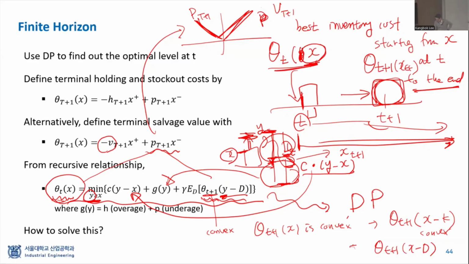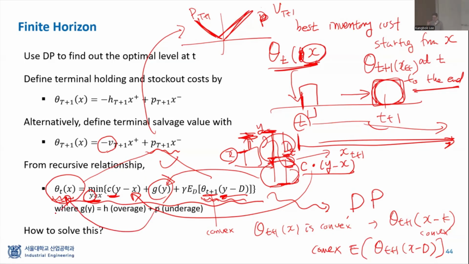Because it's convex, the expected value of this is also convex, because the expected value is a combination of probability and the function. So the convexity remains. If this is convex, everything in the middle is just convex. This is a convex function, already we know that. This is a linear function of y. We already know that. So we can claim that this function is also convex.